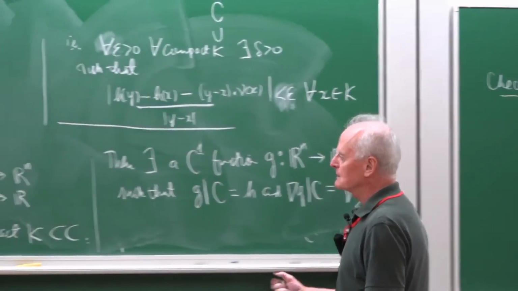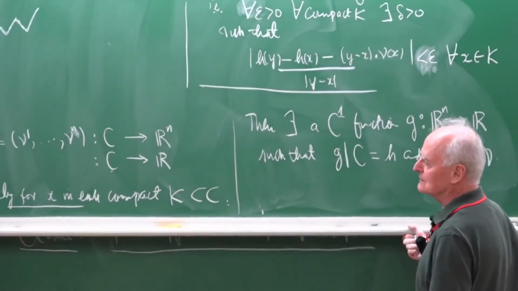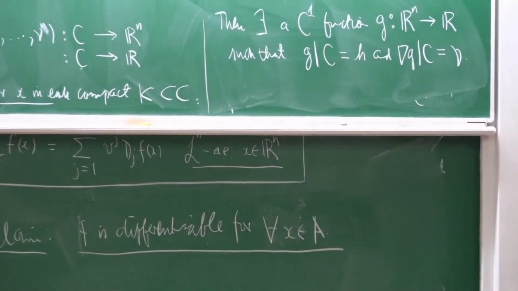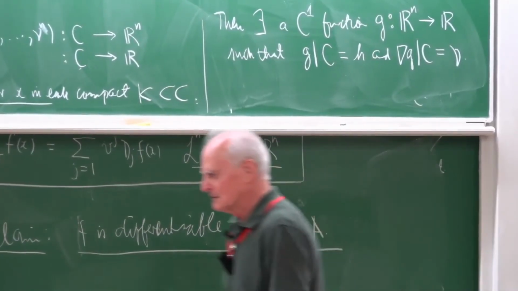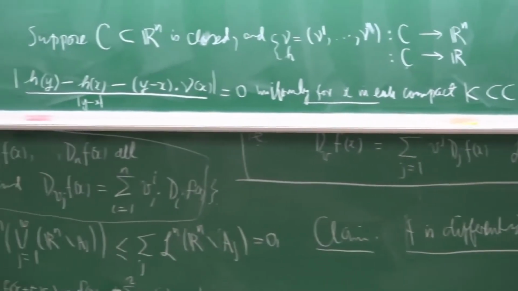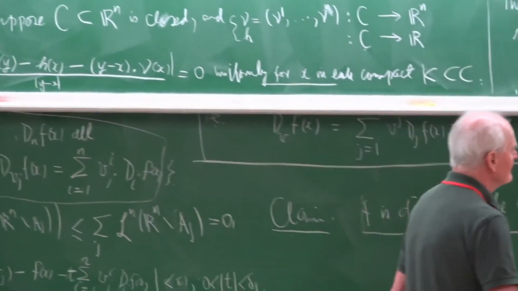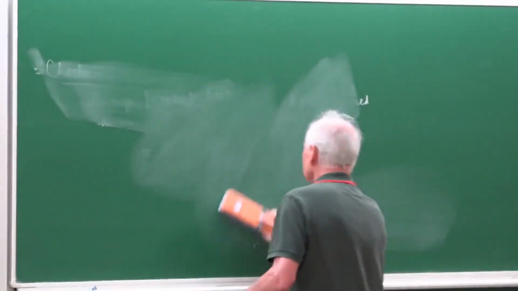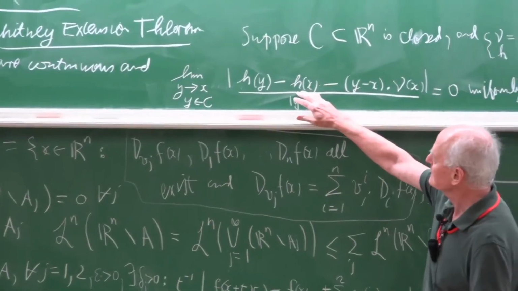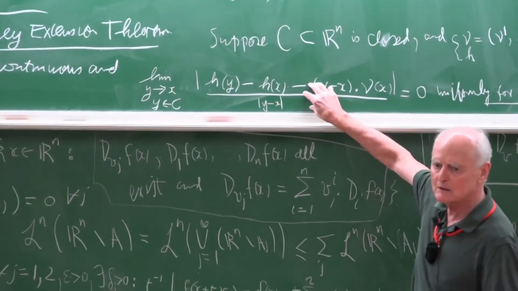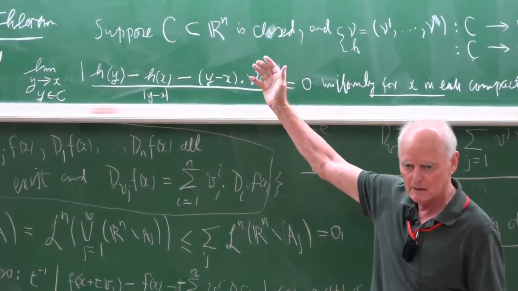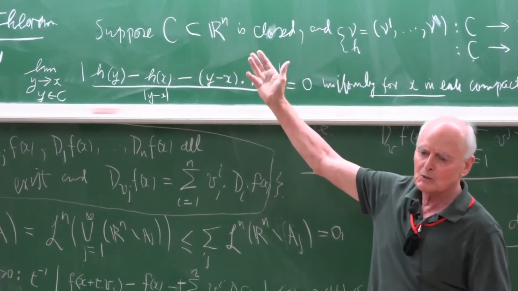Now, I want to explain why this is natural. The thing is, Whitney's theorem says that this condition is a sufficient condition to guarantee there's a C1 extension function. But actually it's also necessary.